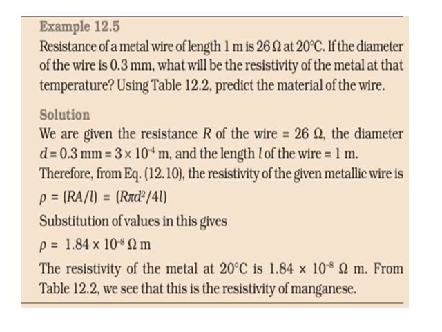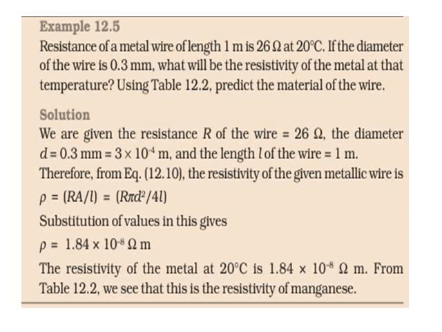Now, the first part of the question asks us to find the resistivity, that is rho. So rho has the formula RA by L, where R is given as 26 ohms, and for area we are given the diameter as 0.3 millimeter.